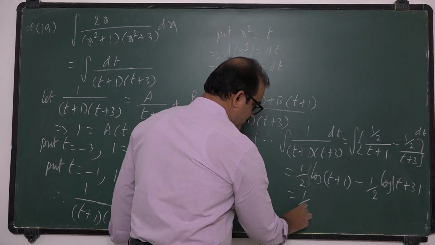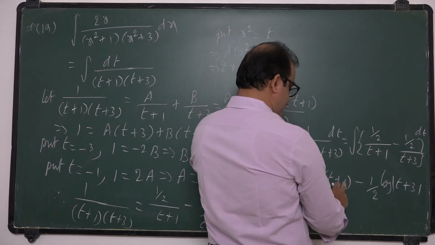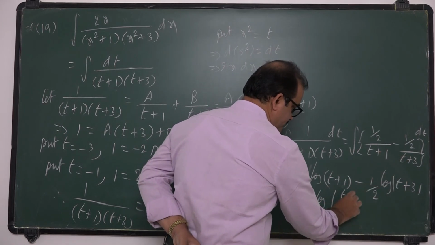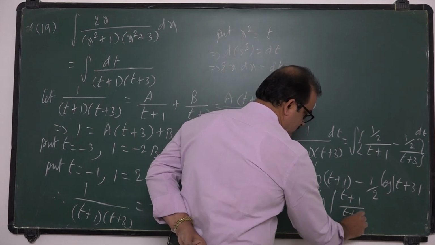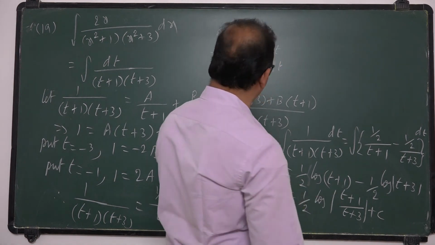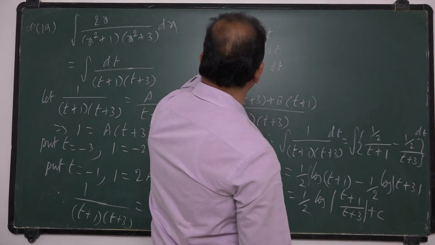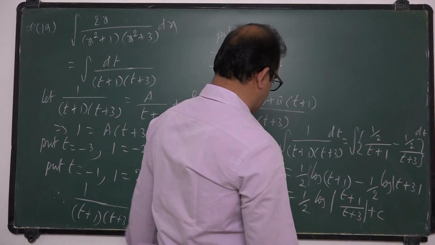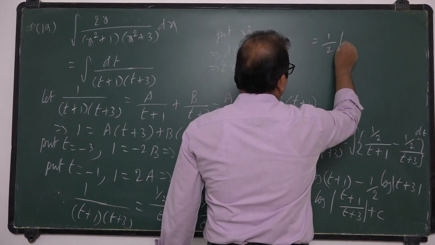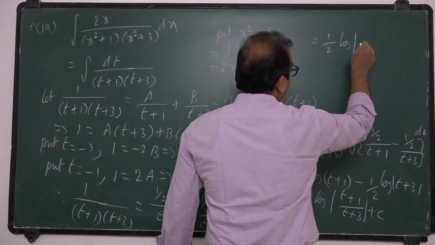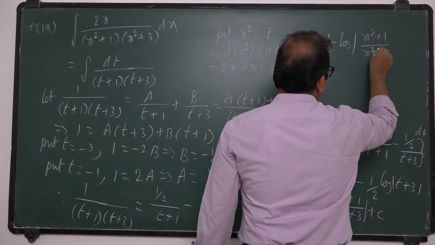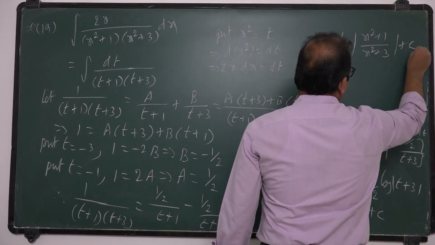Take 1 by 2 common, then it is in the form of log m minus log n, that is log of m by n: (t plus 1) by (t plus 3) plus c. But what is the t value? Initially, that is x². Substitute the t value. So we get 1 by 2 into log mod (x² plus 1) by (x² plus 3) plus c.